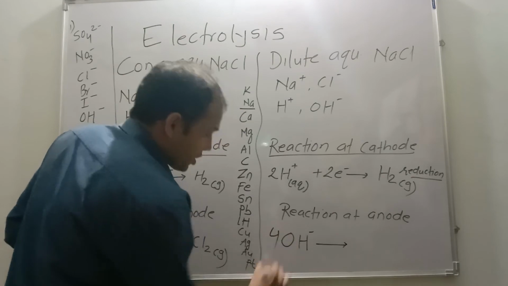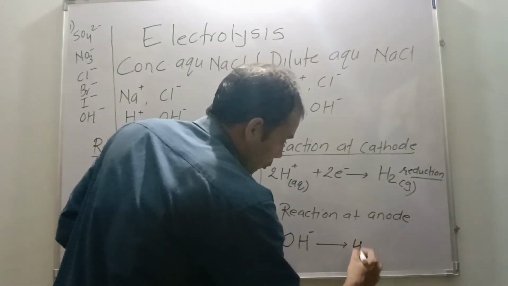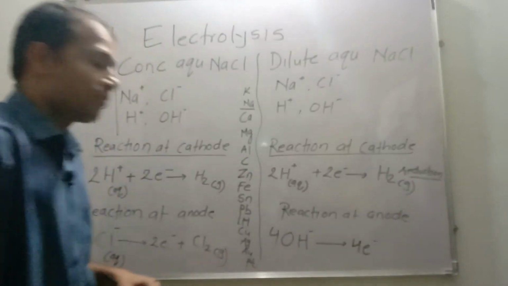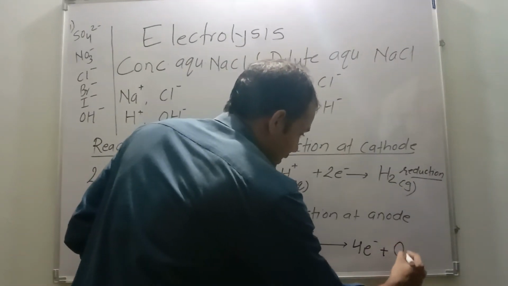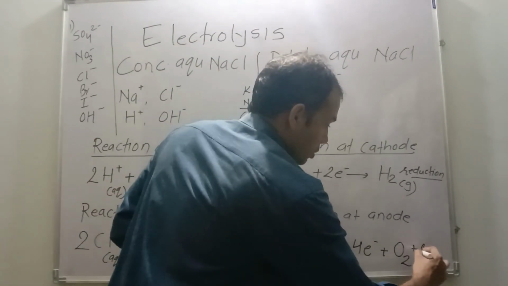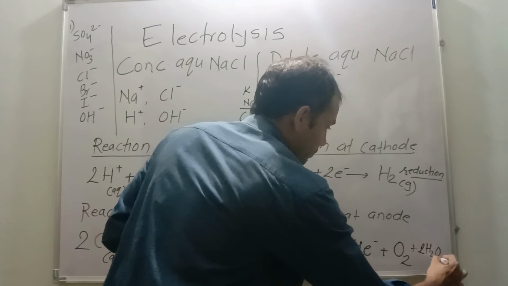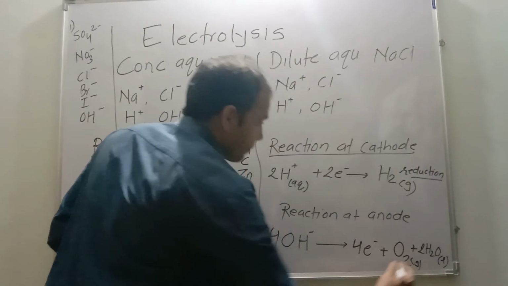So 4OH- is going to lose 4 electrons, and it is going to form oxygen gas, O2, plus 2H2O, that is liquid. This is a gas.